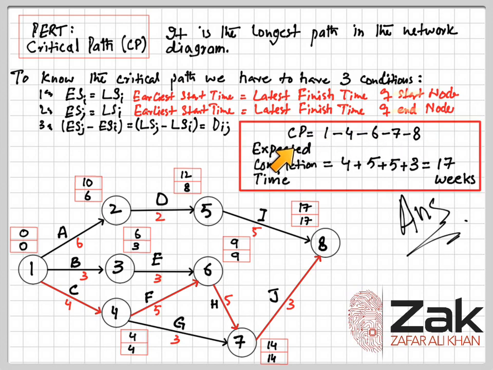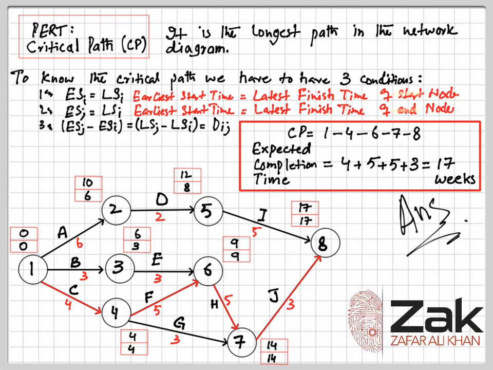So how do we calculate expected completion time? By having all the durations over the critical path added up. So 4 plus 5 plus 5 plus 3, that makes it 17 weeks. So this 17 weeks is the expected completion time.